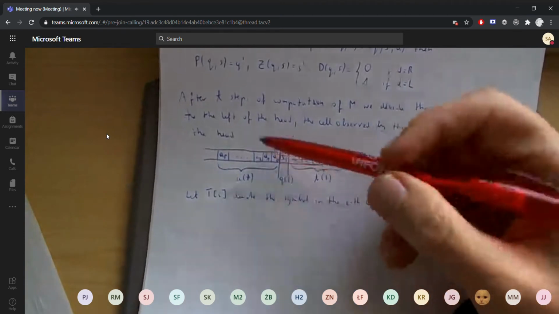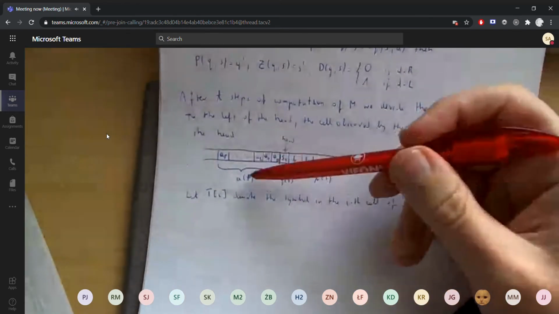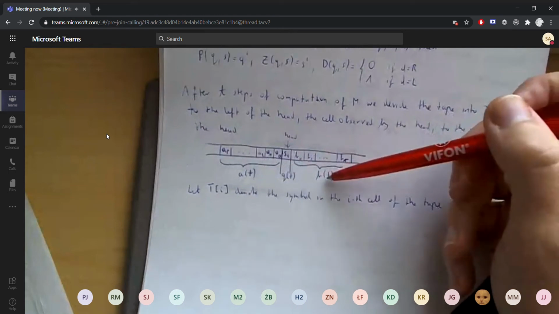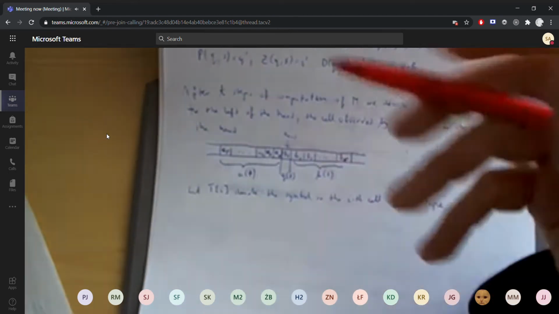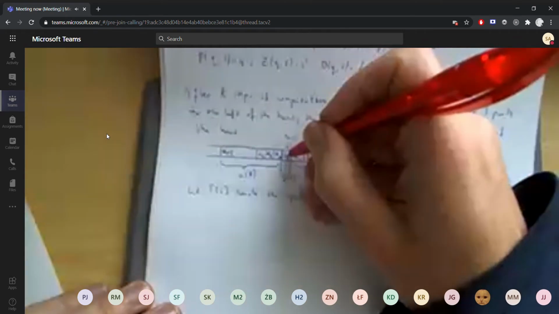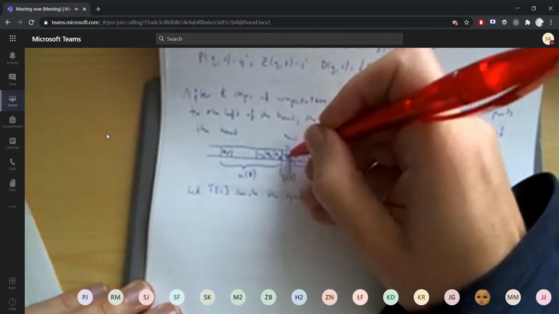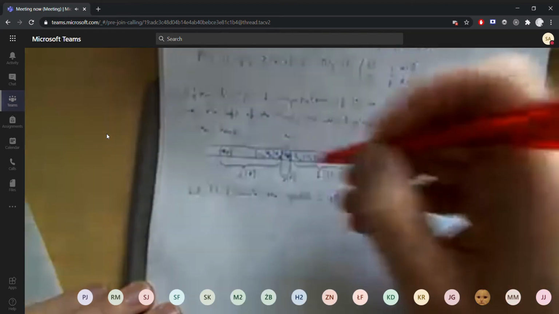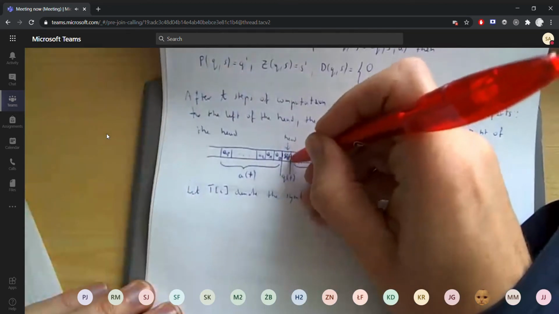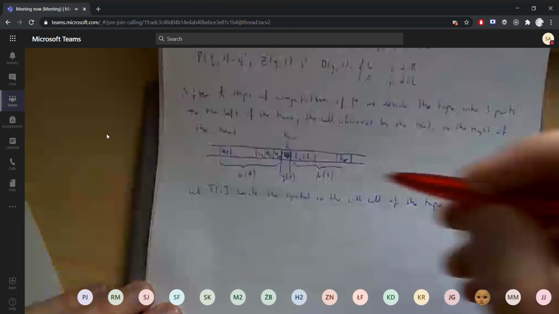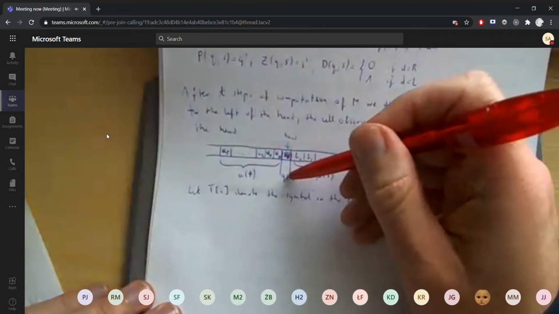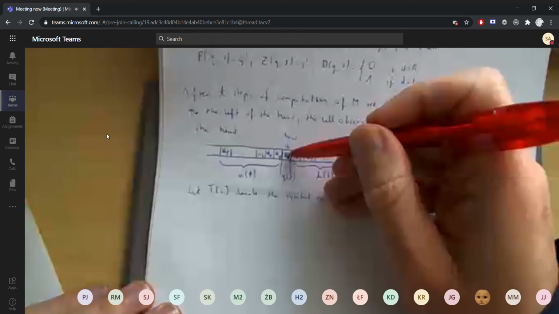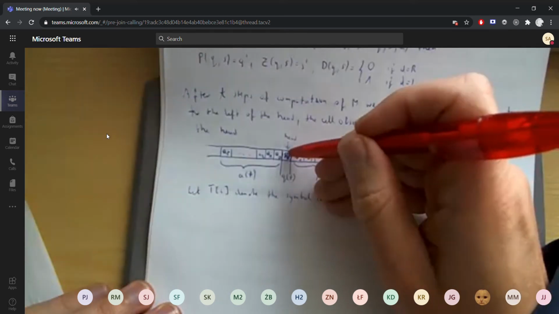So here we have defined three functions: A of t, Q of t, and B of t, and maybe S of t. So here is A of t, B of t. The state is Q of t, and the symbol in the cell observed by the head is S of t.